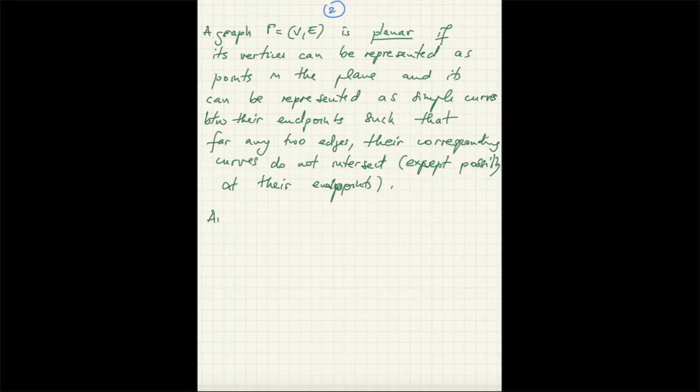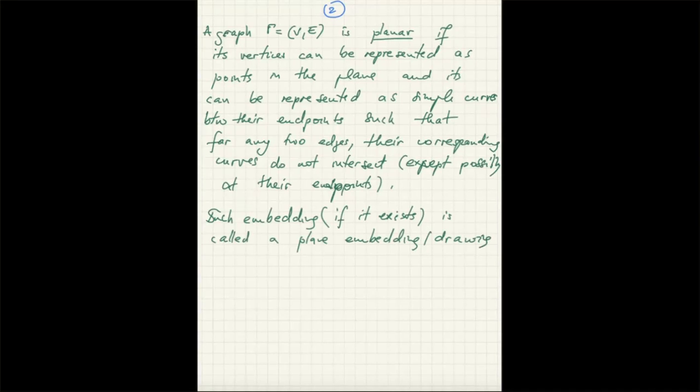And such an embedding, if it exists, is called a plane embedding or drawing of gamma.